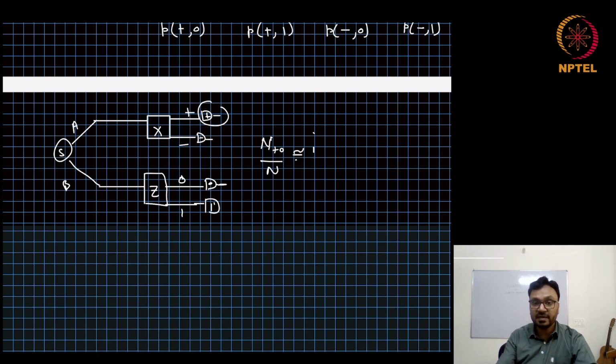So our probability of getting plus 0 is very close to n plus 0 over n.